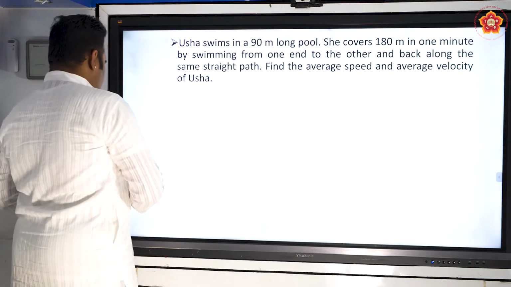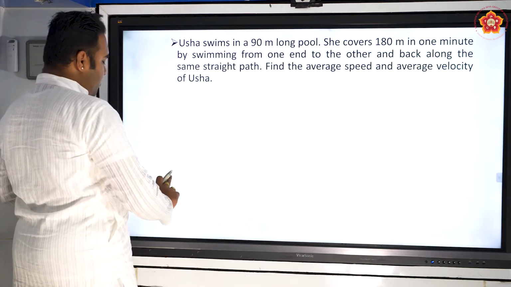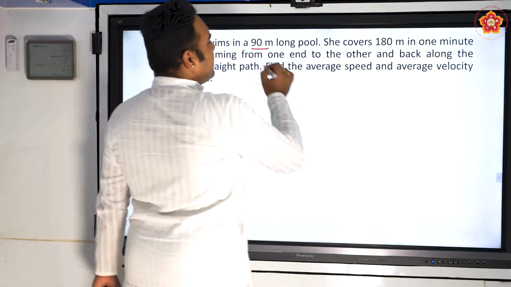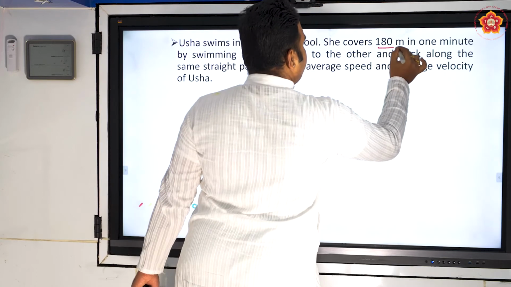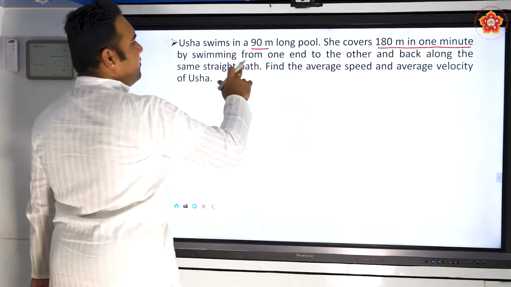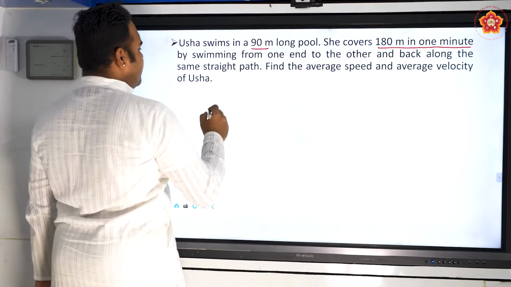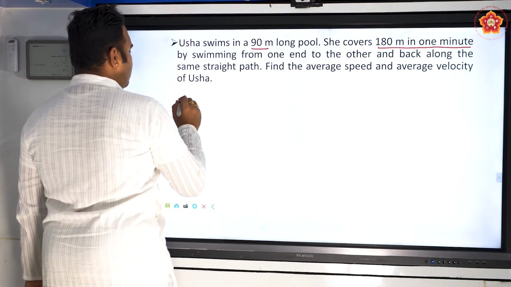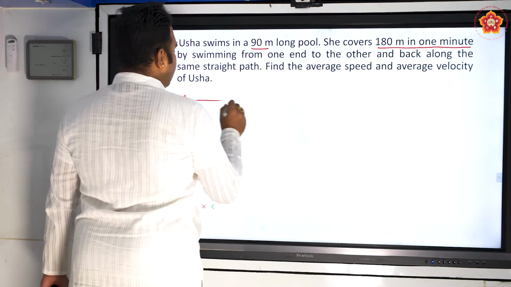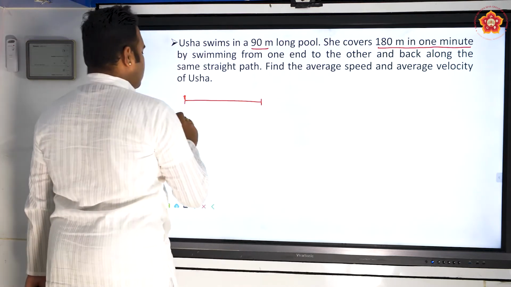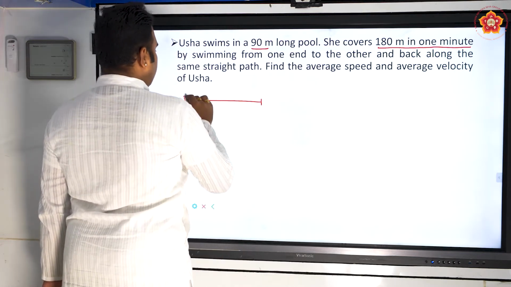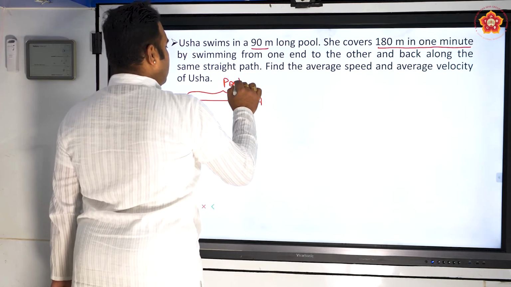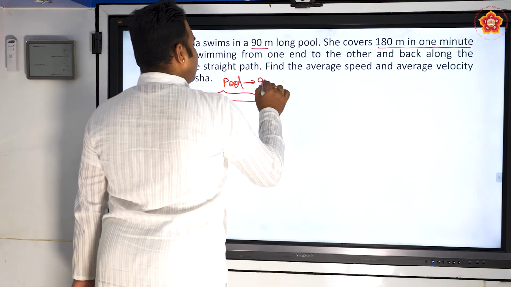Now, look at this question. Usha swims in a swimming pool of 90 meters. She covers 180 meters in 1 minute by swimming from one end to another and back along the same straight path. So let us say for example, this is one end of the swimming pool and this is the other end, and the whole thing is the pool which is 90 meters.